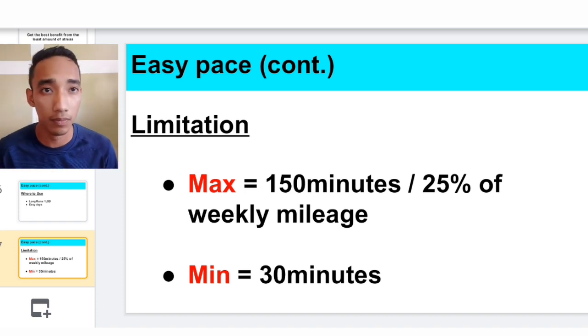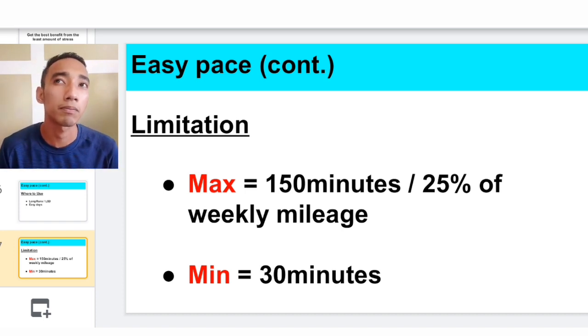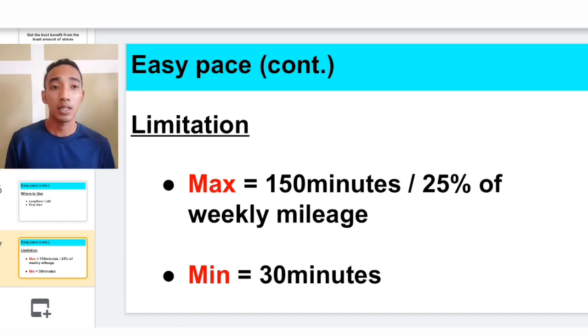Of course, that will lead us to the second principle, and that would be you should only be hard once, and that will be on race day, dili na sa training. So get the best benefit from the least amount of stress. So 150 minutes is good. I have a trainee who can only do 18 km in 150 minutes, and he is preparing for a marathon race, and he still did his best during his marathon race.